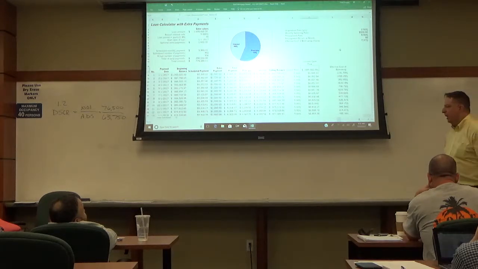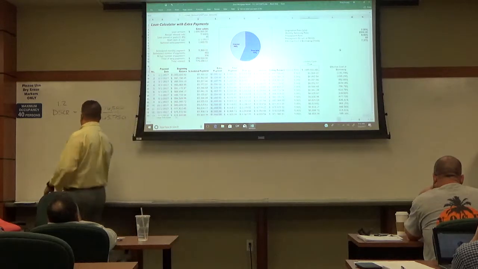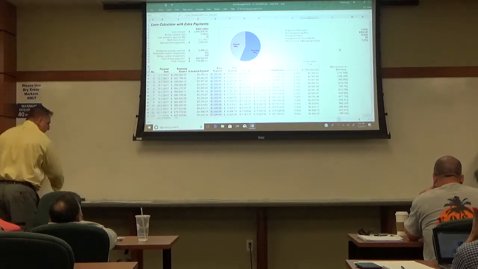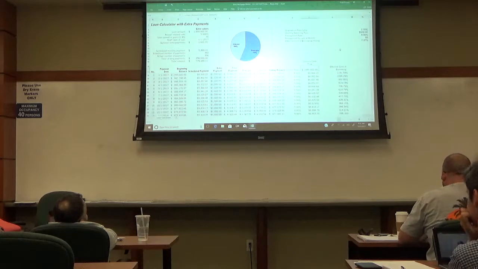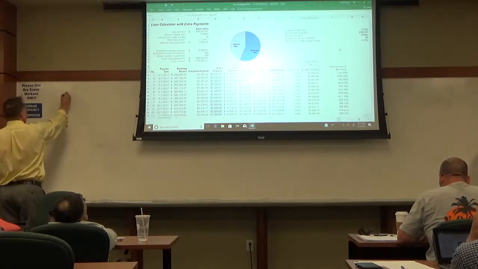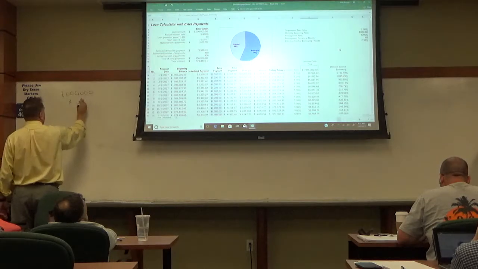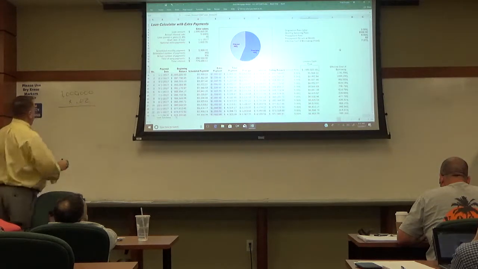Technically, they're loaning you $1 million, but there's a 2% loan origination fee on that $1 million. So that, in essence, is going to be $20,000.